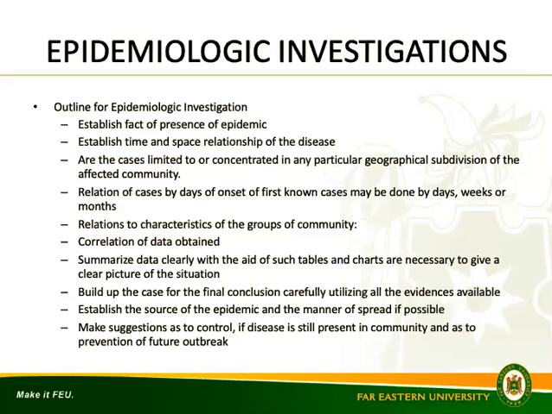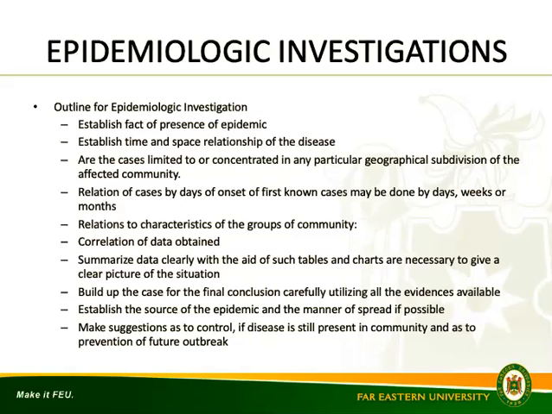So in this slide, we outline the epidemiologic investigation by first establishing the fact of presence of epidemic. So how do we establish the fact of the presence of epidemic? First, we verify the diagnosis of that disease, and also verify the reporting. Is there an unusual prevalence? The reporting of old and new cases. How is it? And the next is to establish time and space relationship of the disease.